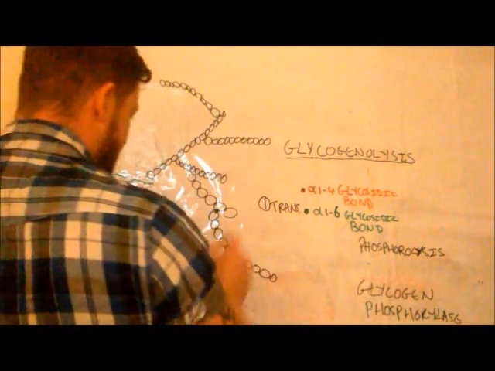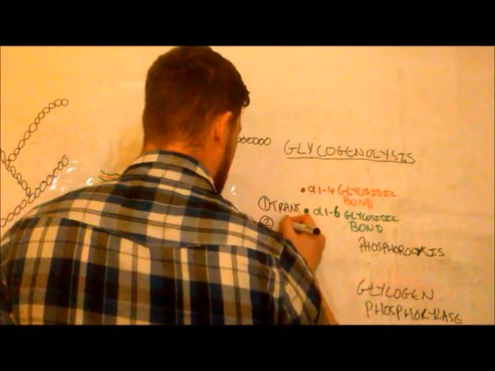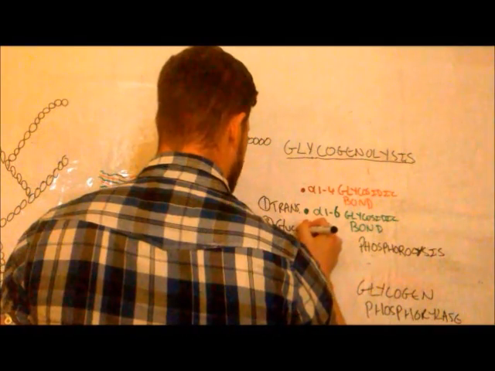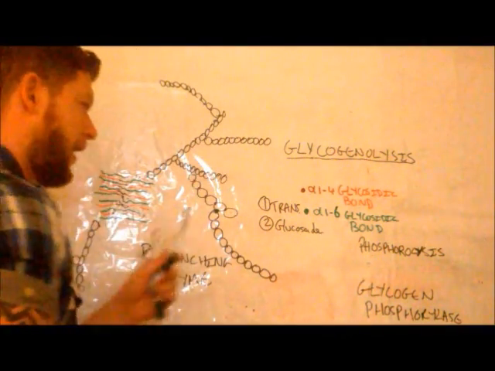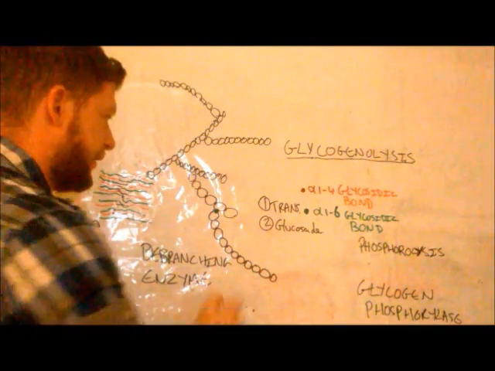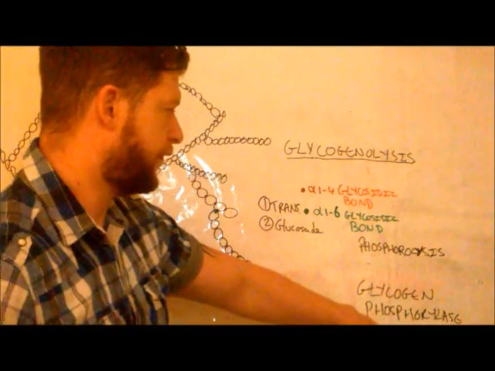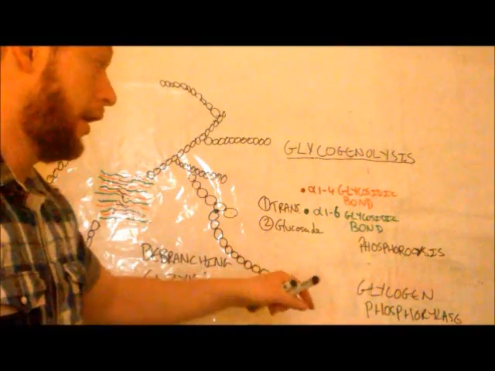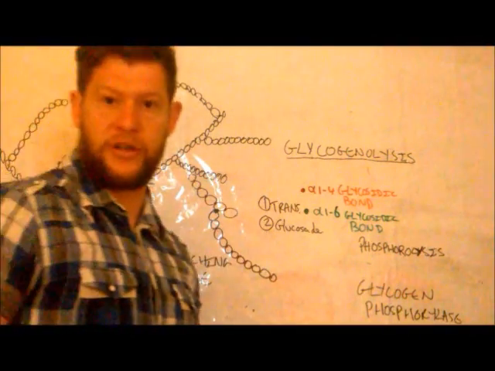What happens with this one here is there's a second part, which is called glucosidase, I think. Trying off the top of my head. Whereas the glycogen phosphorylase acts through phosphorolysis, this acts through hydrolysis, okay?